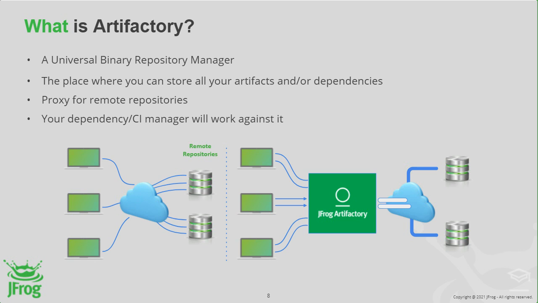And of course, if one of those repositories is not available, the dependencies are still available on Artifactory. Another advantage is the fact that we can enforce policies with Artifactory and with Xray as well, our software composition analysis solution, on which dependencies or which binaries we bring into our environment.